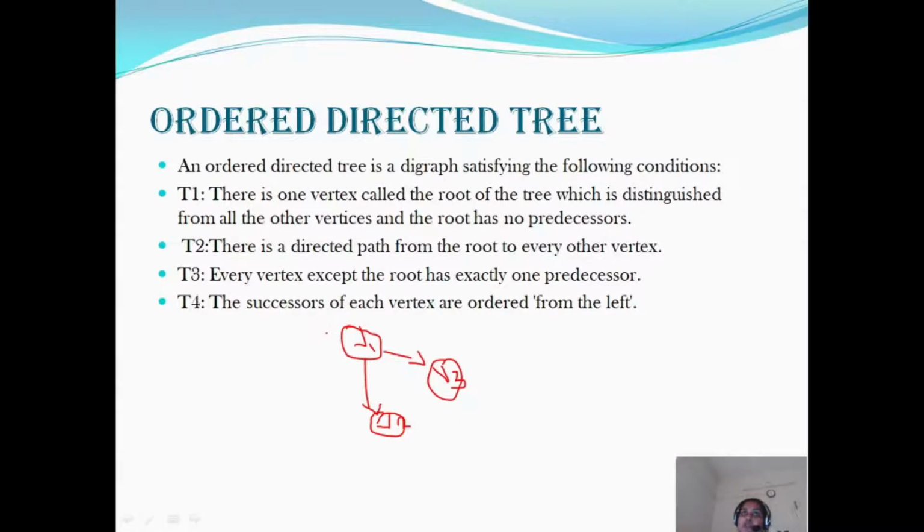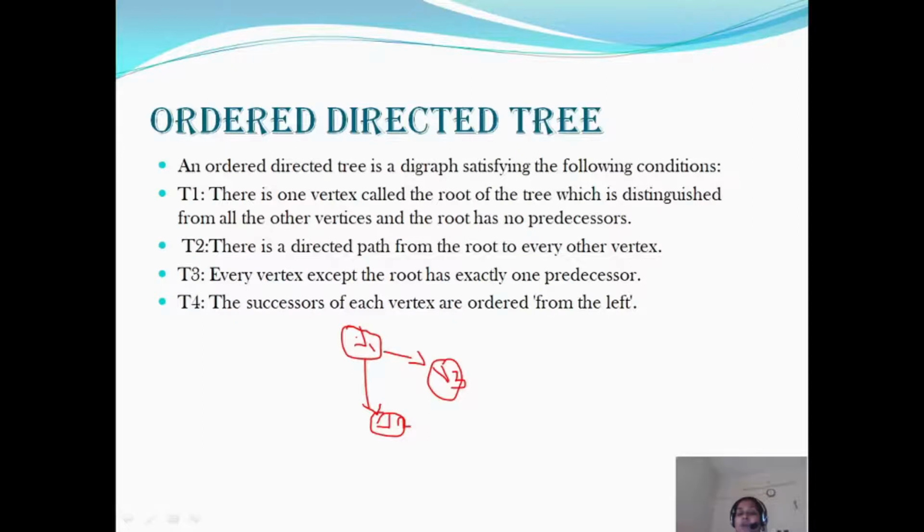No edge coming in means what? No predecessor. Predecessor means a vertex connecting to a vertex by an edge. For example, the predecessor of V2 is V1, because the edge to V2 comes from the V1 vertex.